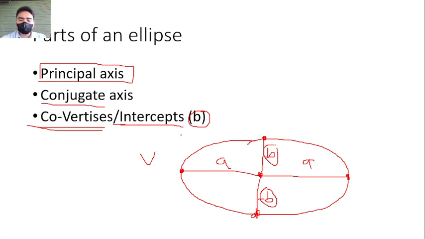Okay? So therefore, if you're going to get the distance between your first co-vertex to the other co-vertex, you are just going to add the distance of this co-vertex as well as for this one. You're going to add, so you will have 2b, isn't it? Alright, so as well as for your vertices, so therefore, your co-vertices distance is 2b. Your vertices distance now is equal to 2a.